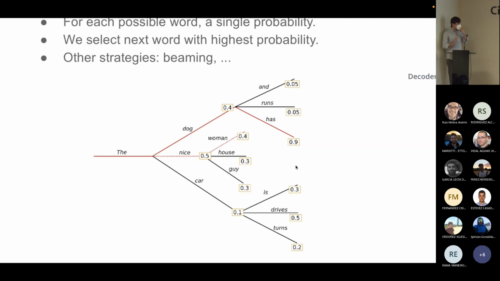But maybe if we explore other paths, we can see that this word here has less probability, but then after that, the next has a higher probability. So this is also a search problem that is a classical problem of artificial intelligence and computing in general. And this conditions a lot also the quality of the generation. It's not a trivial problem.